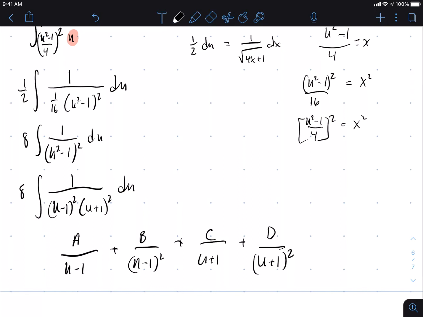Well, you know how you wrote u minus 1 and then u minus 1 squared separately? Why? When I lectured on this, these are called repeaters. So you need to do the repeaters. Because really what that is is u minus 1 times u minus 1 times u plus 1 times u plus 1, right?